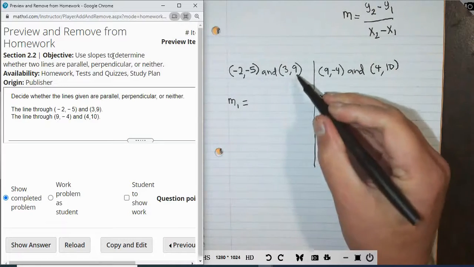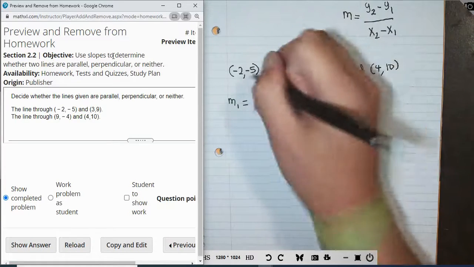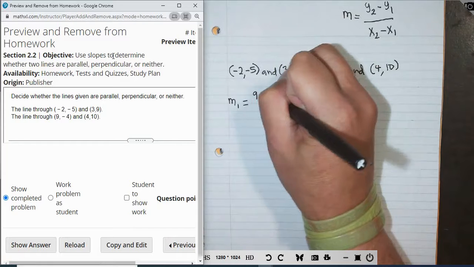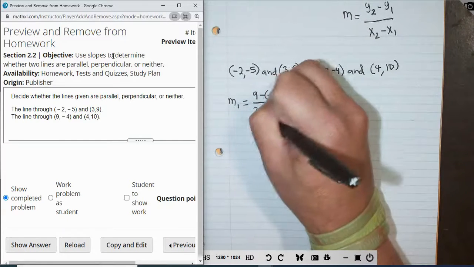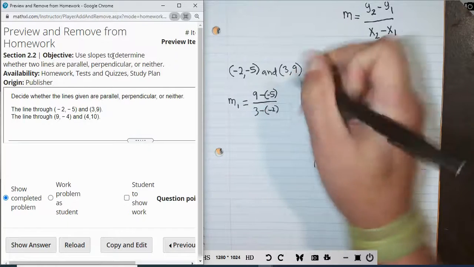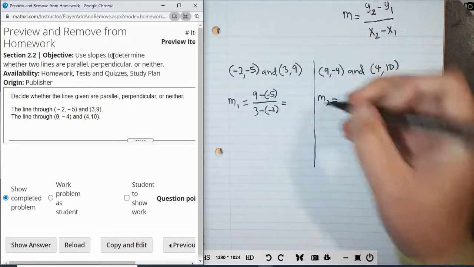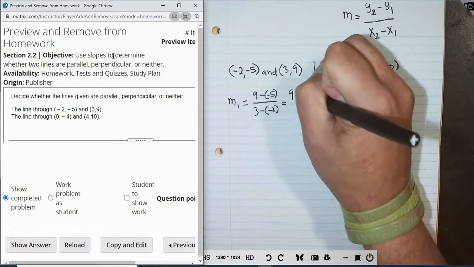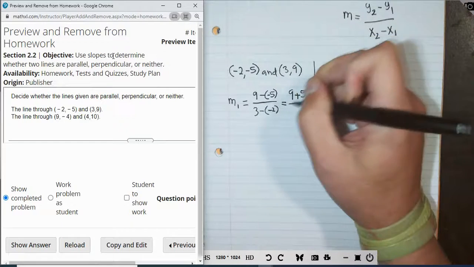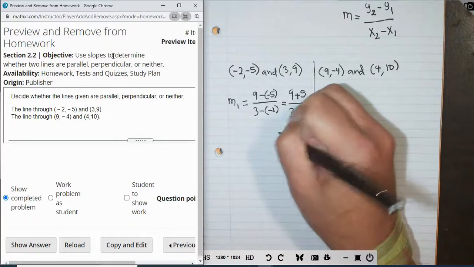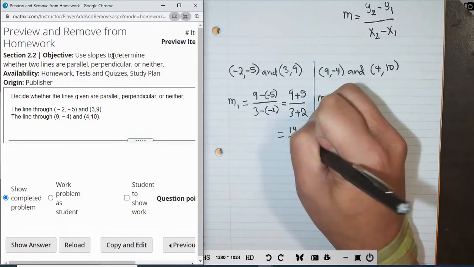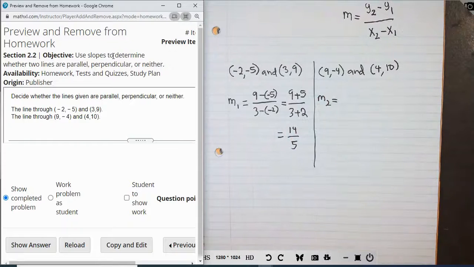So we'll do 9 minus negative 5 over 3 minus negative 2. That becomes 9 plus 5 over 3 plus 2, which is 14 over 5. So we got the slope of that first line. Now we're going to find the slope of this other line.